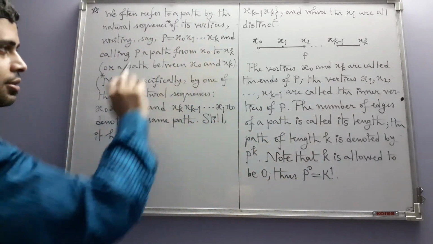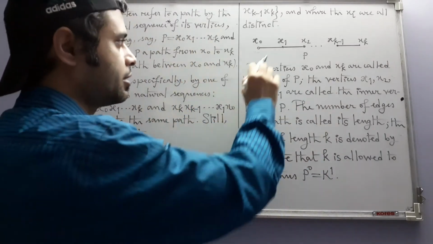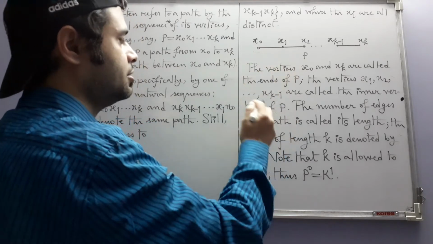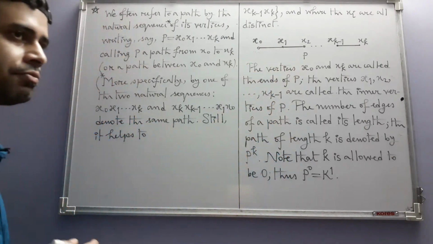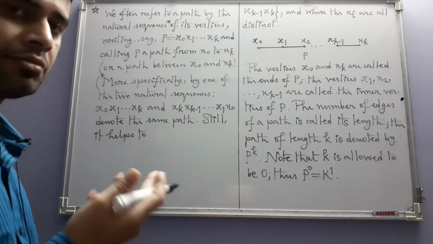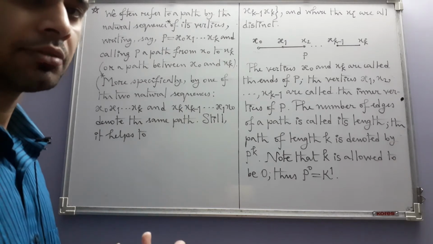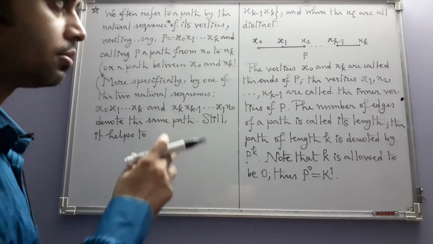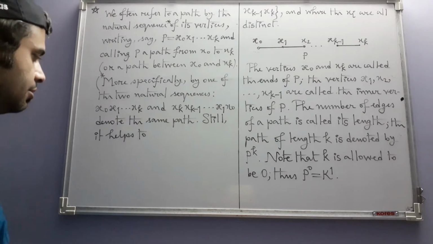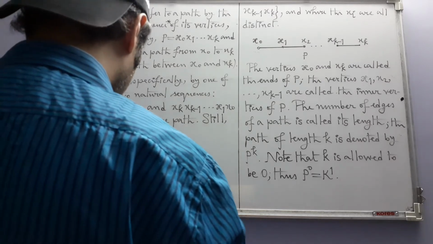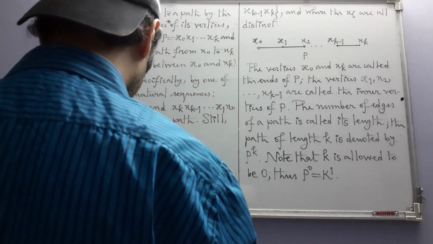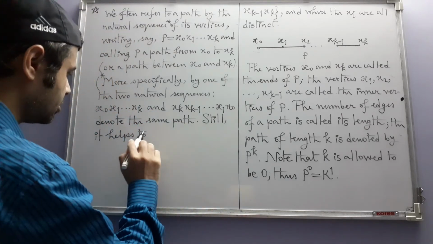Then you can also express that statement like this: let xi be the first inner vertex having degree at least 3. So such things can be said. So that's what the author is writing. Still, it helps to fix one of these orderings.